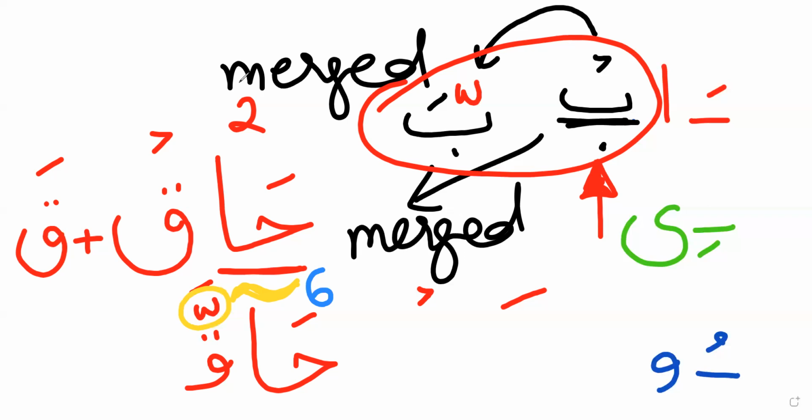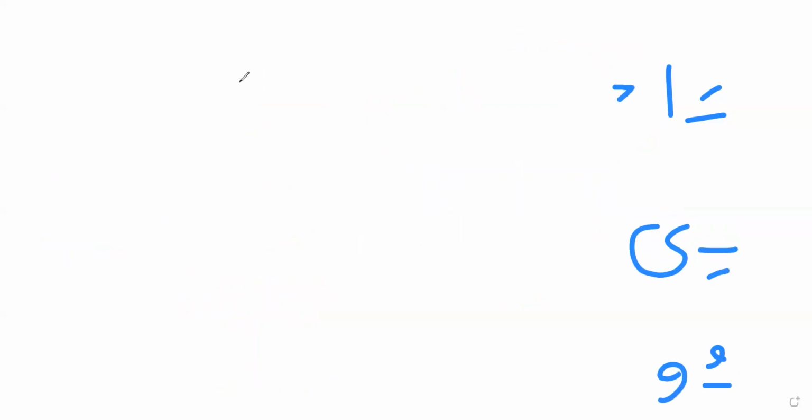So, the first one is a situation where you have mad asli, any of the mad asli, followed by sukoon. And sukoon has to be an integral part of the word. It should not be temporary.